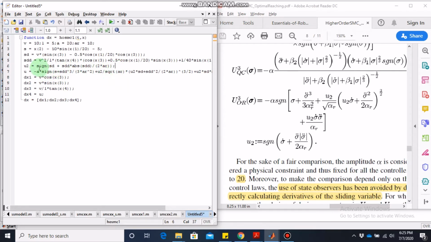And then u is equal to alpha times sine of, so let me just check, yes, it looks okay, but let me just double check this.